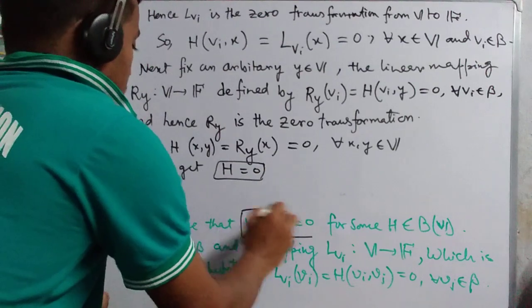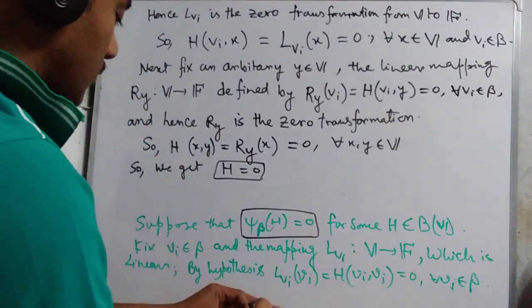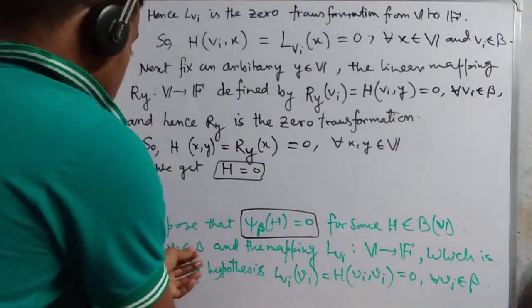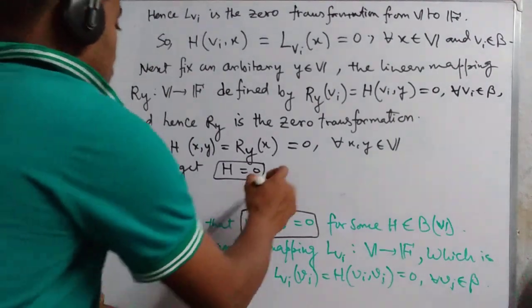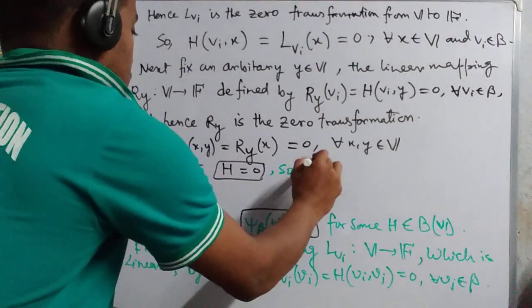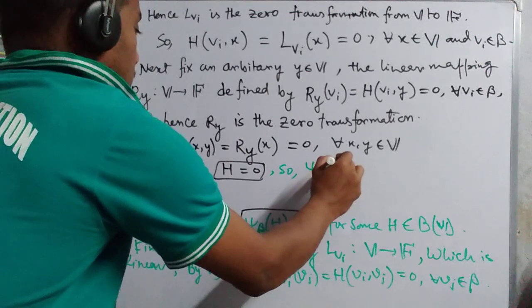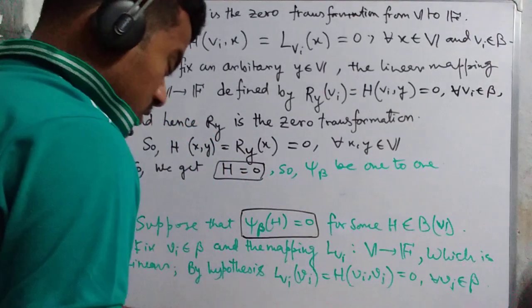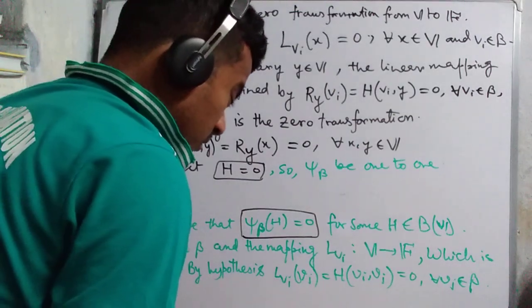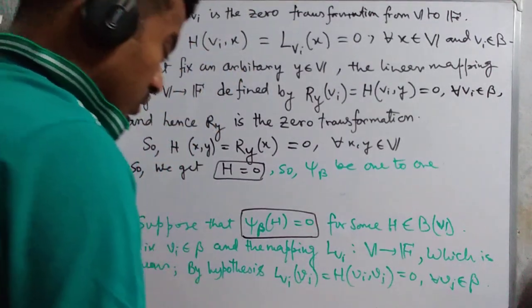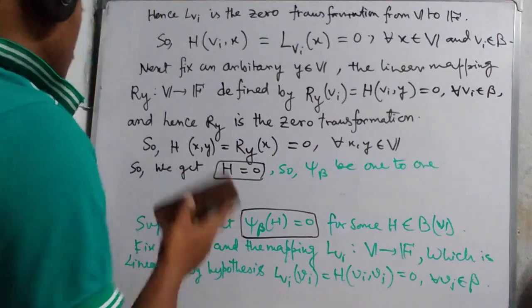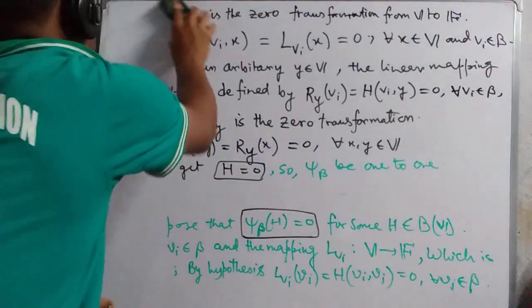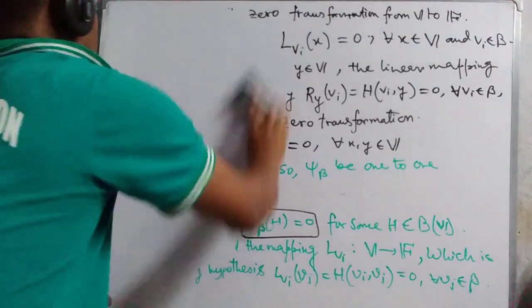Then what conclusion do we write? We write that psi beta is one to one. Understood? Not a problem at all. Now we go to psi beta being onto. We erase that portion and discuss it.